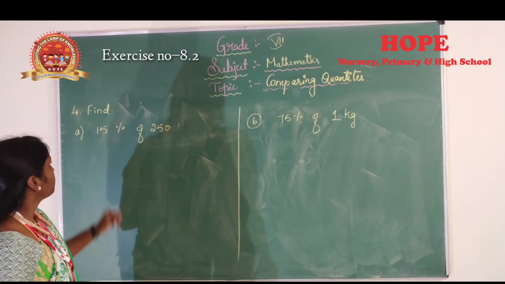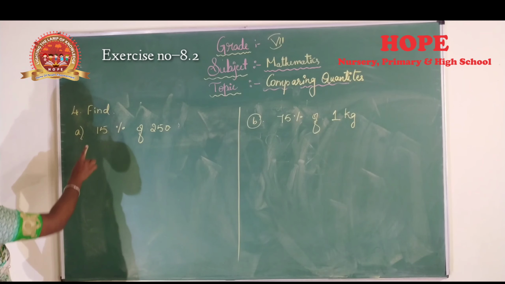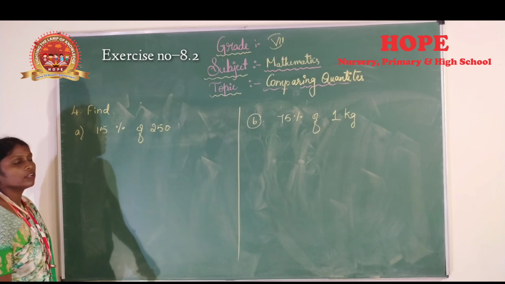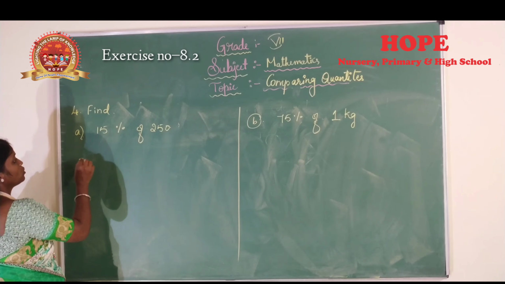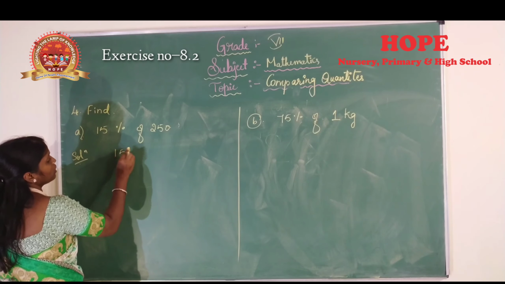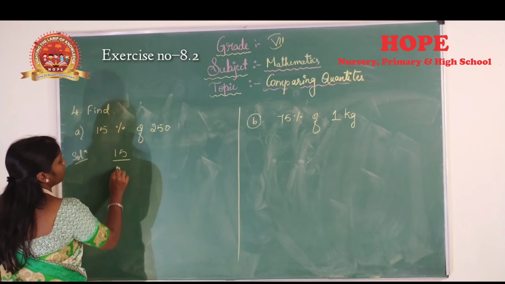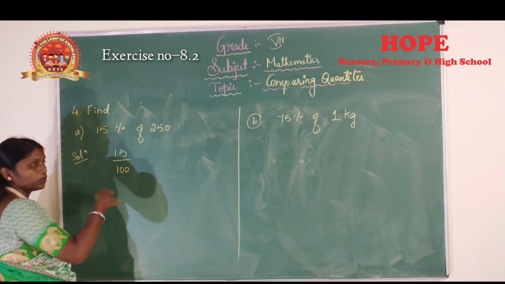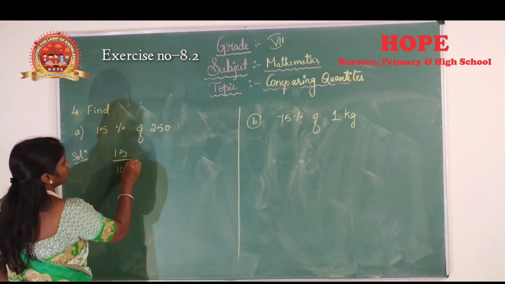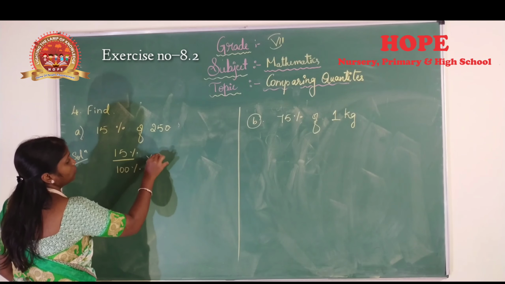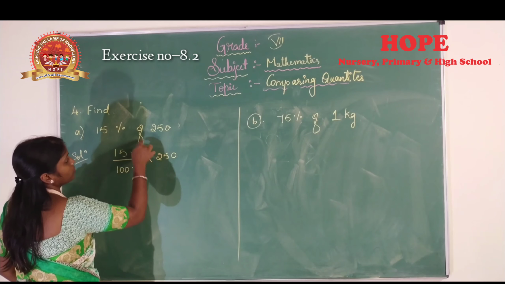In the fourth one, it's given: find 15% of 250. Okay, 15% of 250 they asked. So how to solve this? The solution will be like this. 15 divided by 100, right? 15% is divided by 100%, into 250.